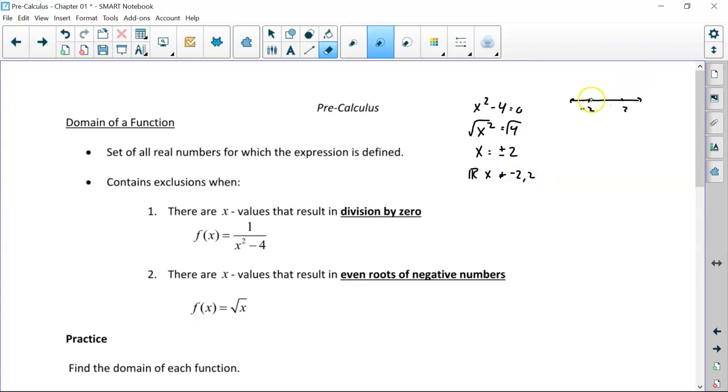So we want to write this in interval notation. Put open dots. We're going to put shading in between, shading to the left, shading to the right. So we have 3 shaded portions. We have 3 intervals. We have negative infinity to negative 2, parentheses at both, the union of negative 2 to 2, that middle interval, and the union of 2 to infinity with parentheses around all of them.